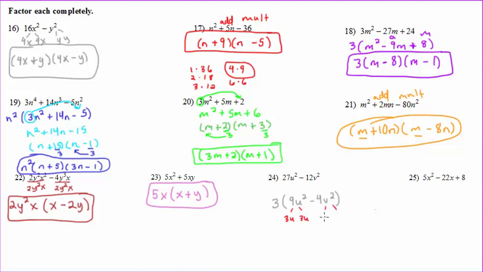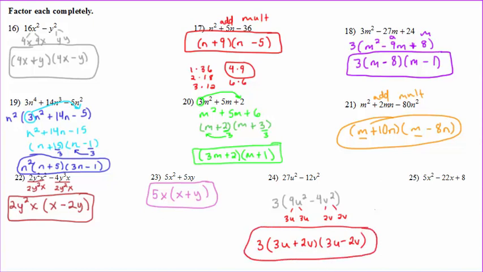How can I split up 4v squared? 2v and 2v? Anyway, and so I split it up, and the 9u squared splits up at the beginning. The 4v squared splits up at the end. One of them gets a plus, one of them gets a minus. So there's our answer.